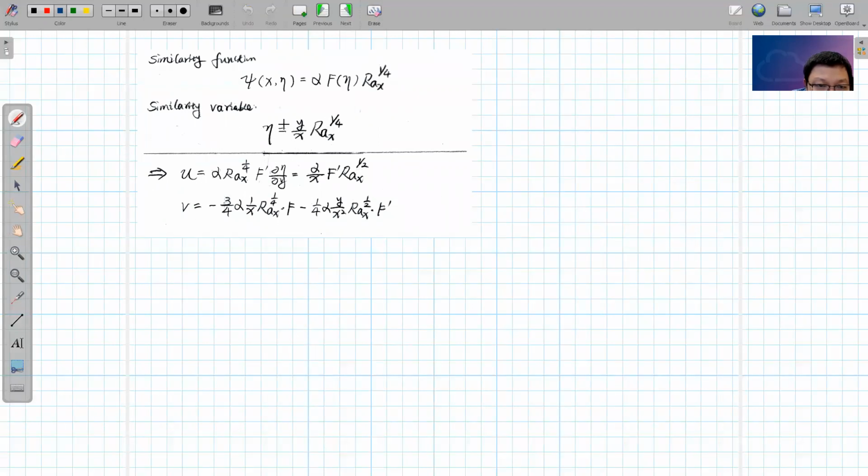With this eta value and the assumed shape function for the stream function, you can bring phi to the u and v values. You can differentiate it, and u will become equal to this value, and v velocity will be equal to this value.